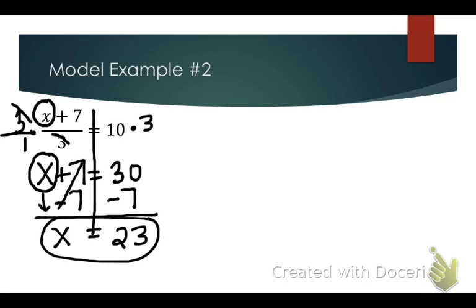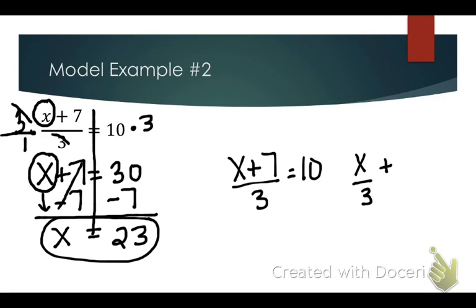Now, we picked this problem out for a very good reason. We like students to notice the difference between this problem and this problem. In this problem, my first step must be to multiply both sides by 3, because x plus 7 is the whole numerator.